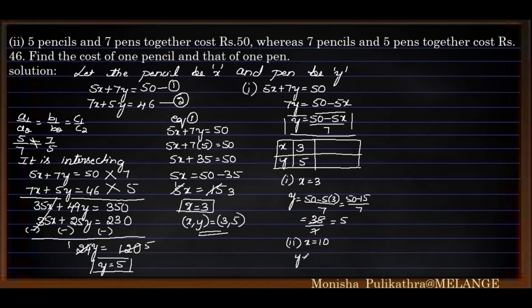So when you substitute x is equal to 10, 50 minus 5 into 10 divided by 7, that is 50 minus 50 divided by 7. So 50 minus 50 is 0 divided by 7, that is equal to 0. Okay. So when x is 10, y is 0. So this is another point.